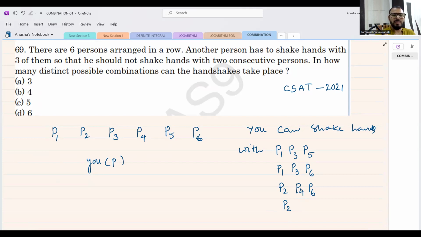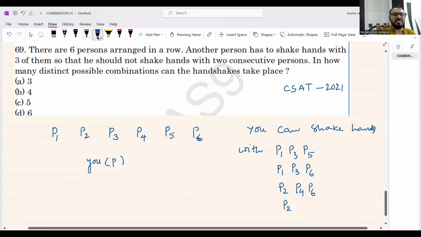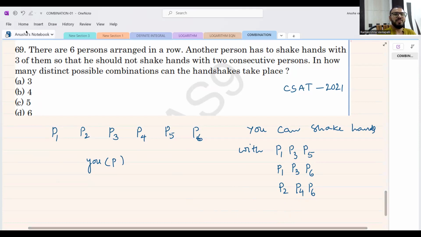You must choose P6, but P5 and P6 are consecutive. So there is no other case with P2. There is only one case.